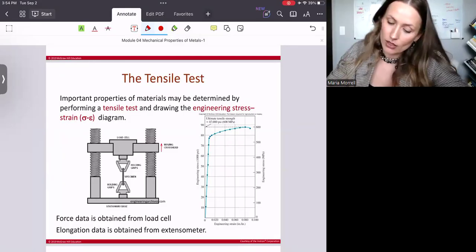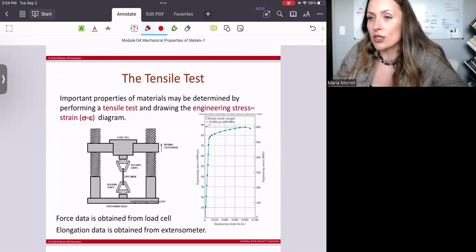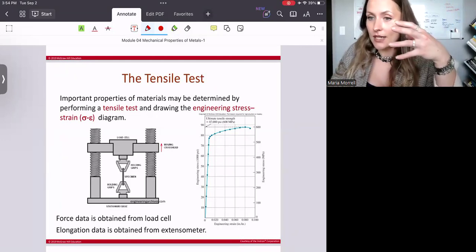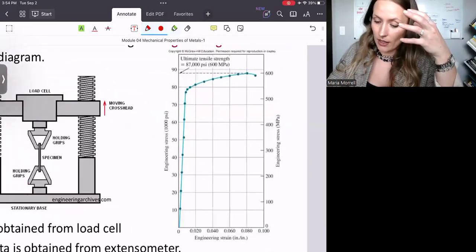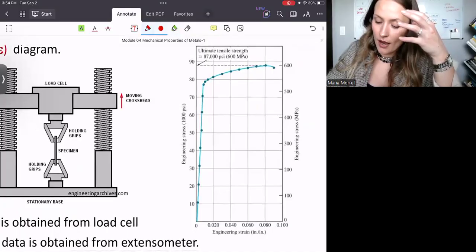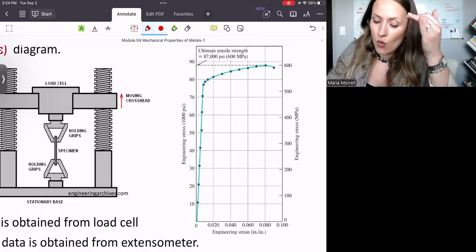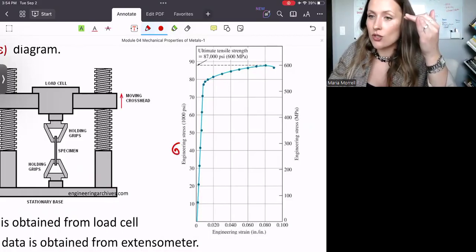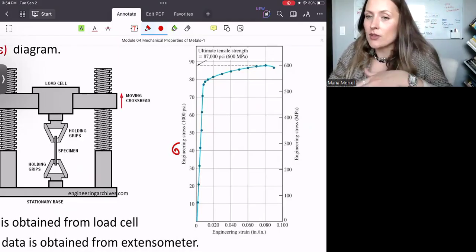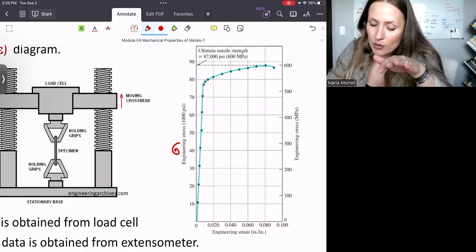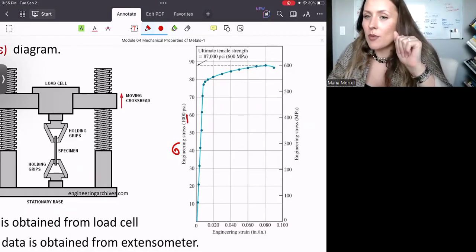So the way we do it, first I'm going to show you what you usually see. Once you perform the tensile test, you usually see a diagram like that, a stress-strain diagram, meaning that your y-axis is going to be your stress. Keep in mind the units here are PSI, but multiplied by 1,000, right?